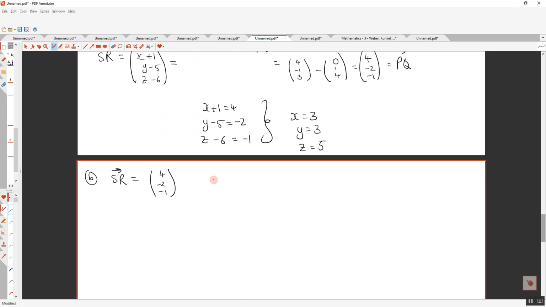We've got P to Q, we worked that out already. That's 4, -2, -1. We need Q to R.